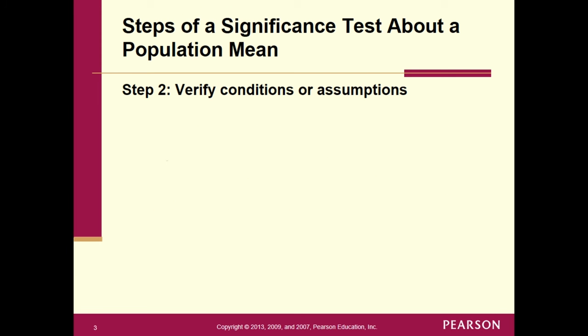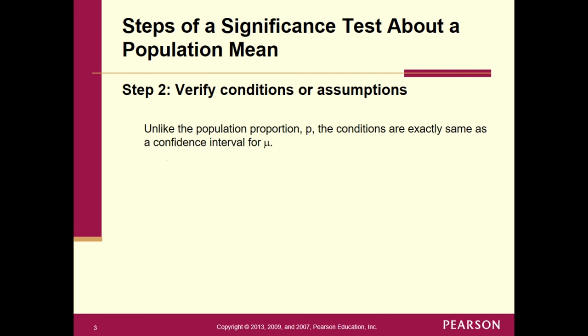And we're going to use that in the test statistic formula. Verify conditions or assumptions. Well, we have conditions here. The good thing is these aren't different from what we saw when creating a confidence interval for mu. That's good, because you do have different conditions for the confidence interval for p and the hypothesis test for p. They're just slightly different. But here, they're the same, the confidence interval and the hypothesis test.